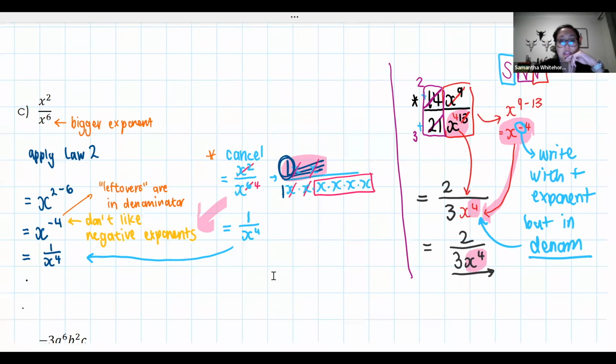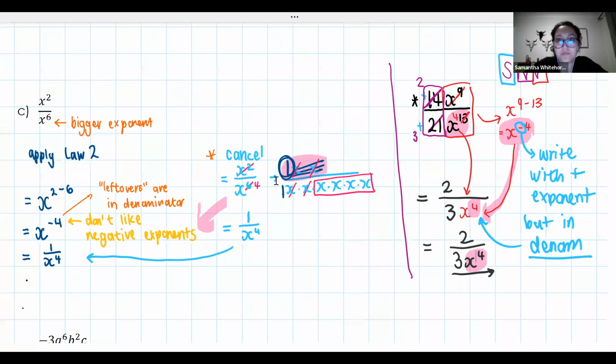I think Didintle unmuted. Yeah, Litesh, it's your turn. Ma'am, in 14 you divide by 7, and in 21 you divide by 7, then it's going to make 2/3. Yes. Then you go to x to the power 9 and x to the power 13.